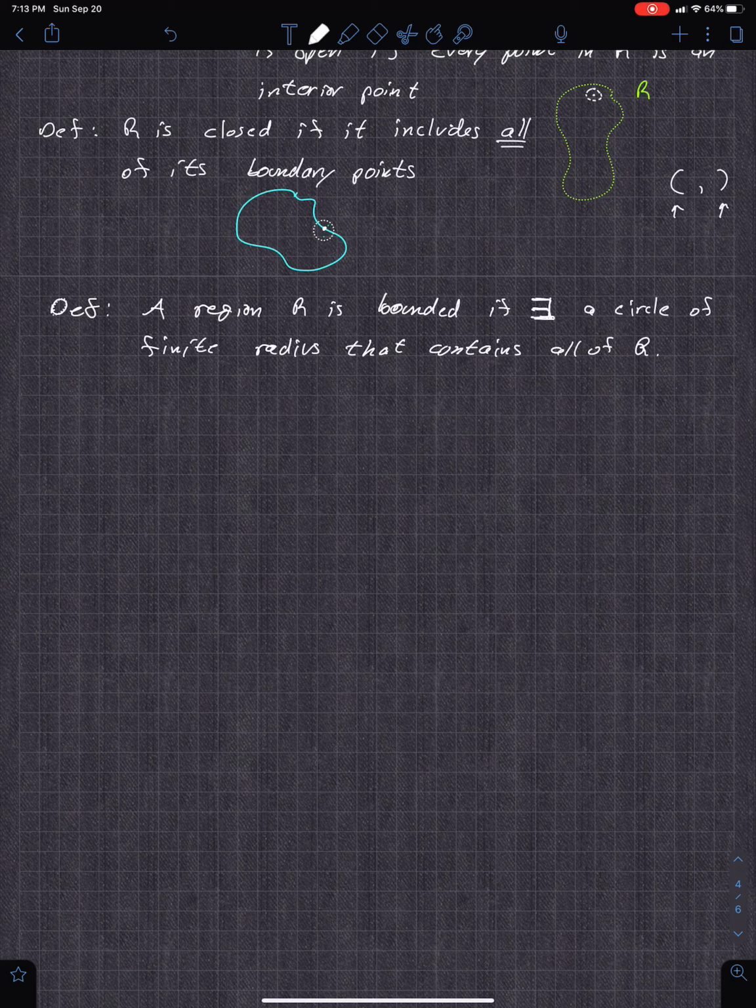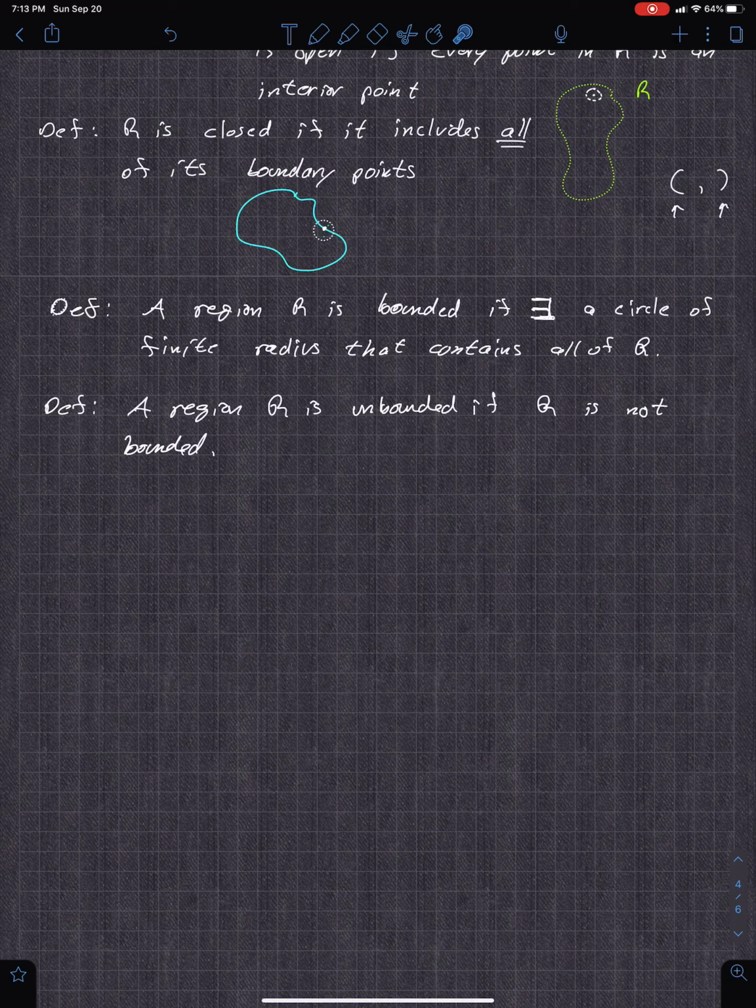Unbounded means basically just not bounded, right? So let me write that down real quick. So a region R is unbounded if R is not bounded. So not bounded means what?